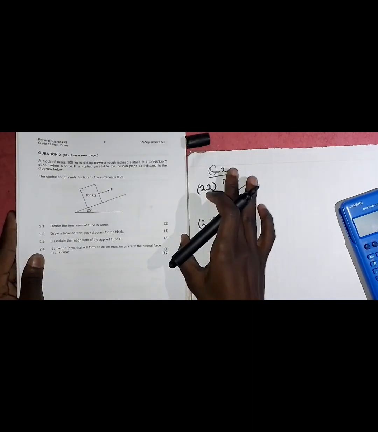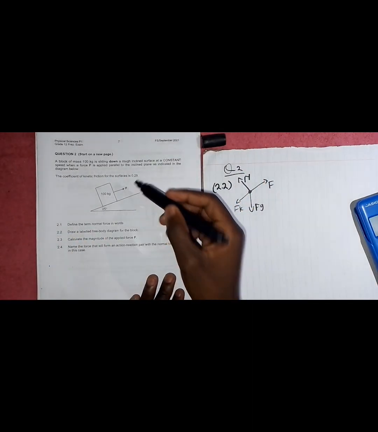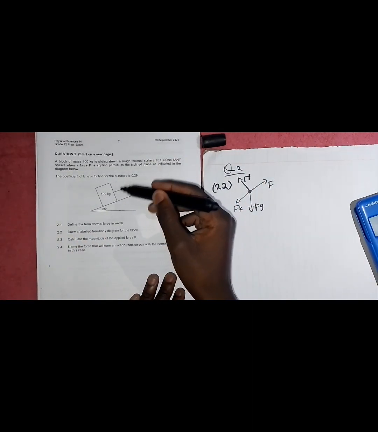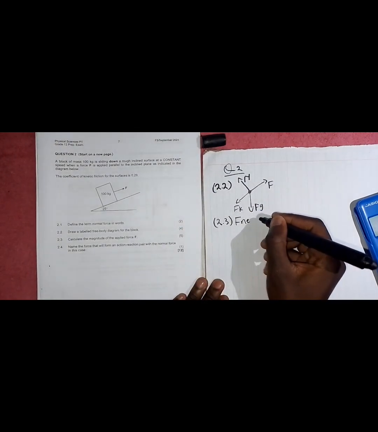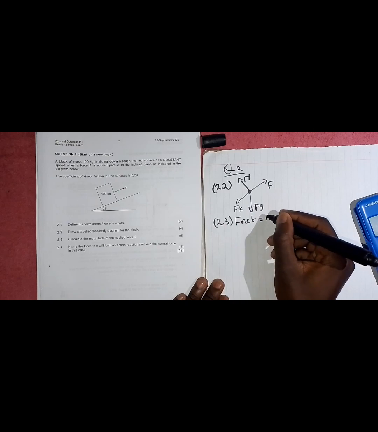2.3 says calculate the magnitude of the applied force. Okay, we are required to find the magnitude of this force that is applied over here. And then we know that we have this formula, F net is equal to mass times acceleration.